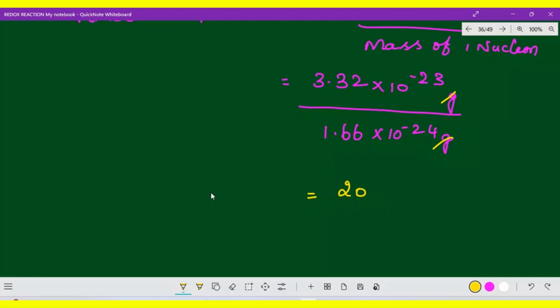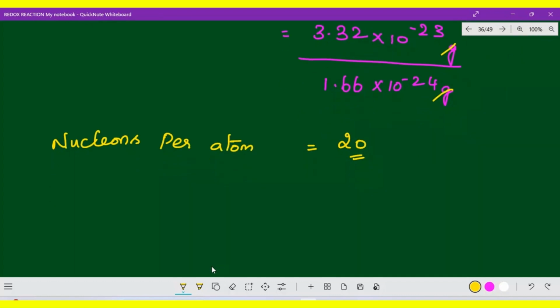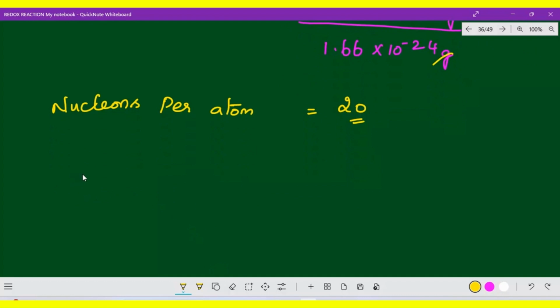So nucleons per atom is 20 nucleons per atom. Got it? Now each atom has 20 nucleons, and nucleons is nothing but the mass number. So each atom has 20 nucleons, and they are asking about 2 atoms.